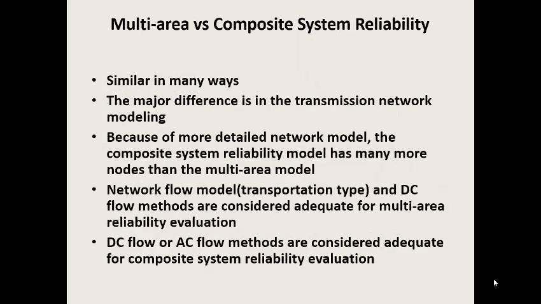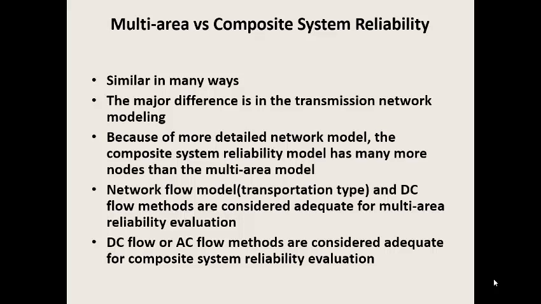Now, in trying to compare the multi-area and the composite system reliability, they are similar in many ways. The major difference is in the detailed modeling of the transmission system.